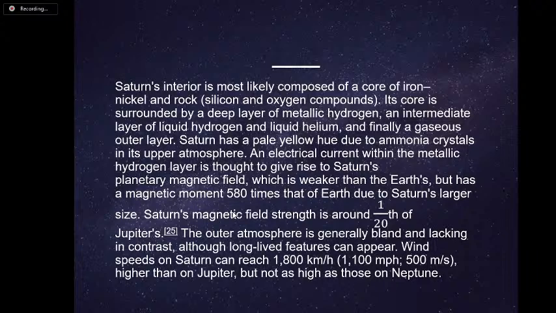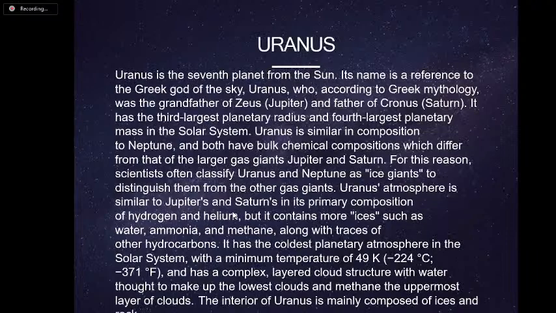So, Uranus. Uranus is the seventh planet. Its name is a reference to the god of the sky, Uranus, who according to Greek mythology was the grandfather of Zeus, Jupiter, and the father of Cronus, Saturn. It has the third largest planetary radius and fourth largest planetary mass in the solar system.